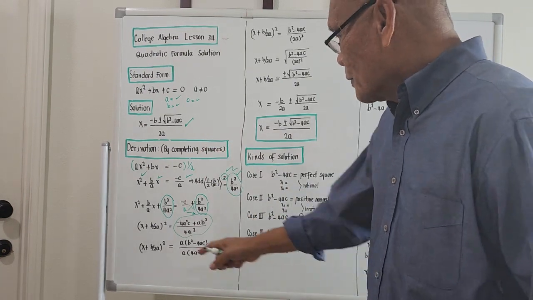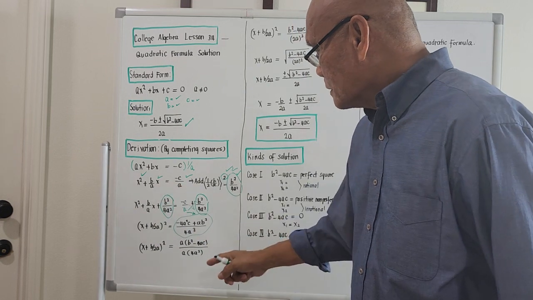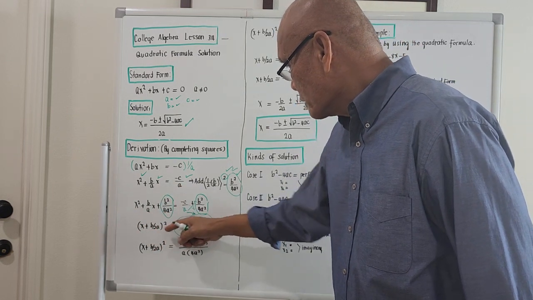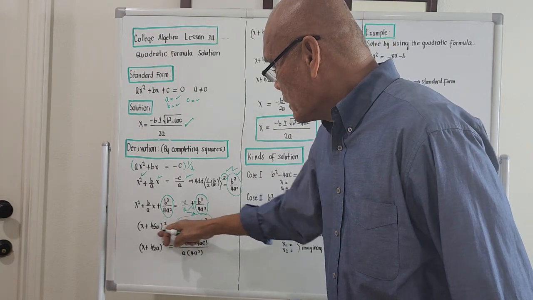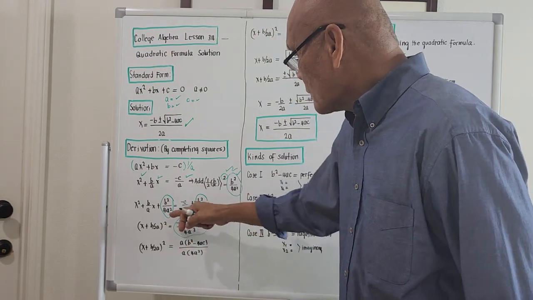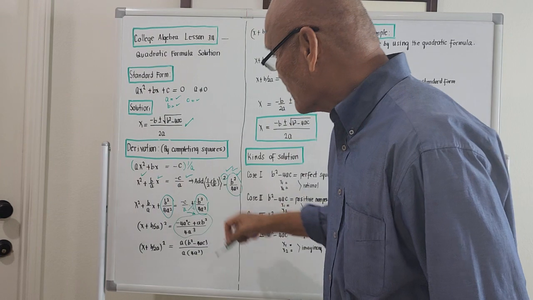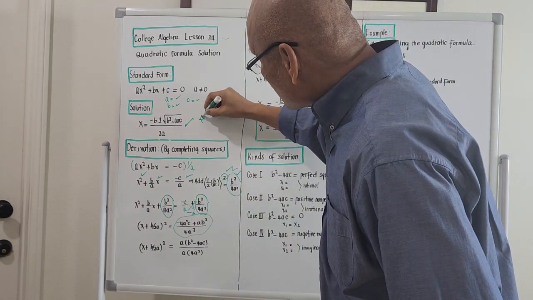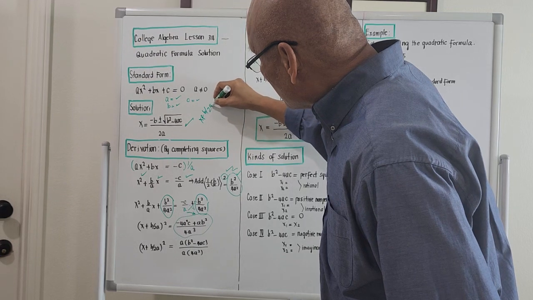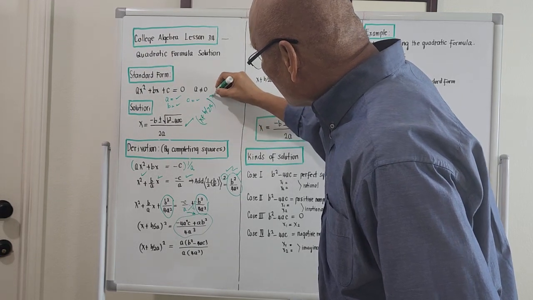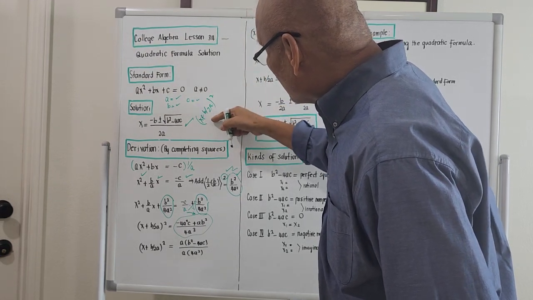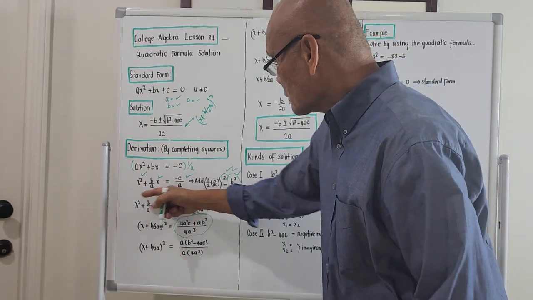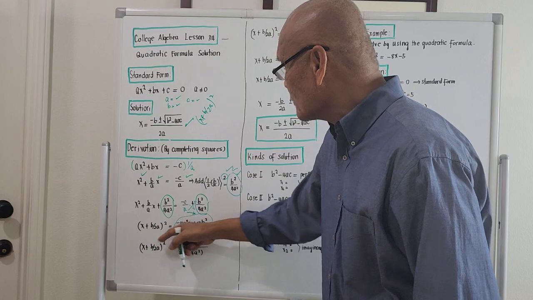And for the left hand side, like what I said, this is factorable to the quantity x plus b over 2a quantity square. Let's try to expand this one, to see if what comes out is really this expansion here. If we try to expand x plus b over 2a quantity square, let us see if the expansion of this will be equivalent to this, because we said that this expansion is factorable to this binomial.